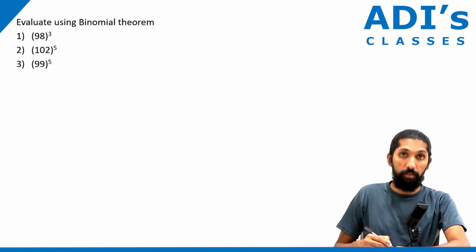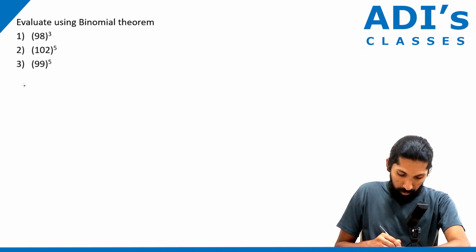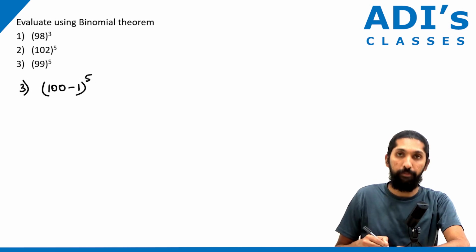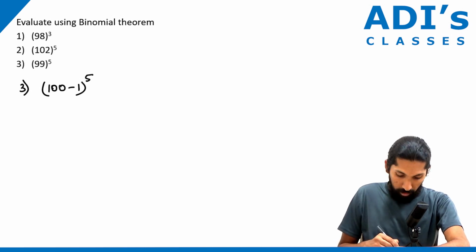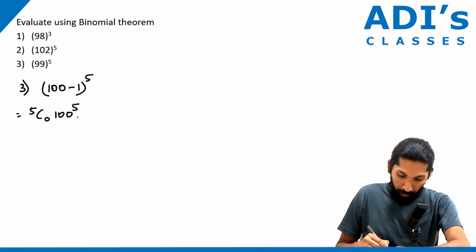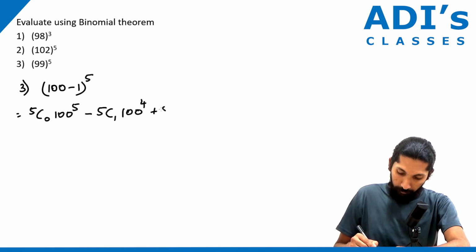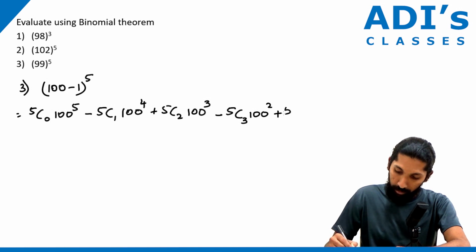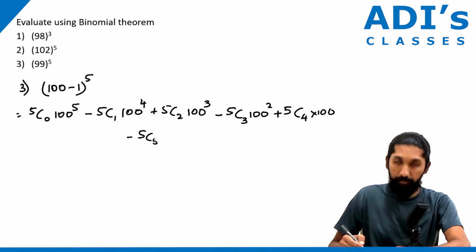See for this one, what we can do, third one, 100 minus 1 to the power of 5. Correct? So this one, 5c0 into 100 power 5 minus 5c1 into 100 power 4, plus 5c2 into 100 cube minus 5c3 into 100 square plus 5c4 into 100 minus 5c5.